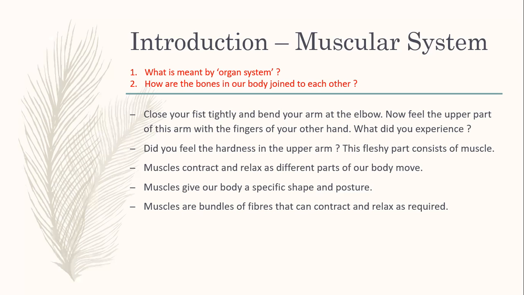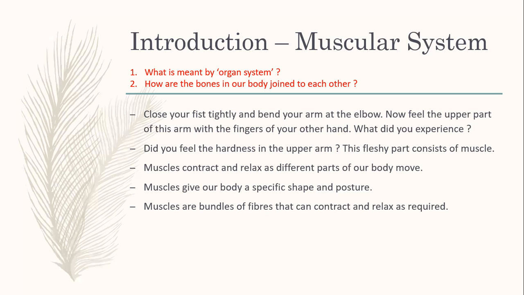So when you're keeping your fist closed tightly, and you're bending your arm at the elbow, what you will feel is there is something hard on your arm. And when you try to touch it, you will feel that hardness, right?